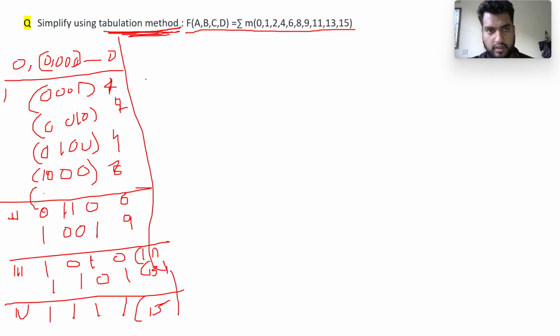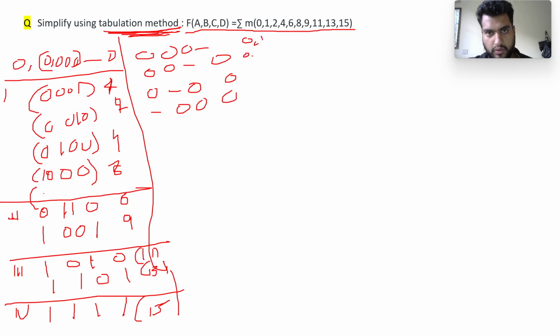Now making the groups where only one bit change is there, so 0 is having with all: 0 1, 0 2, 0 4 and 0 8. So this is 0 1, 0 2, 0 4, 0 8. And then we have 1 9. I'm just quickly going through this.